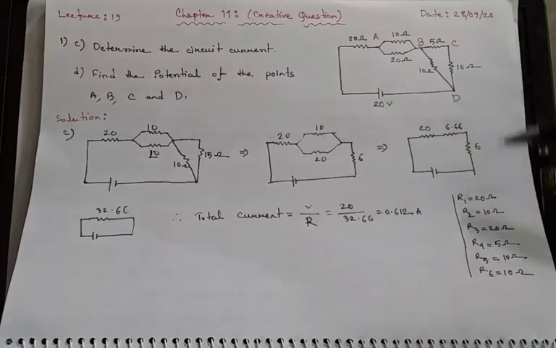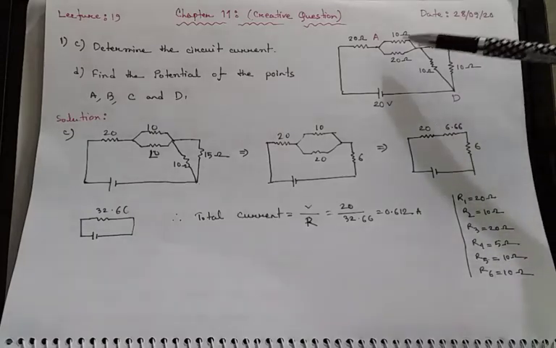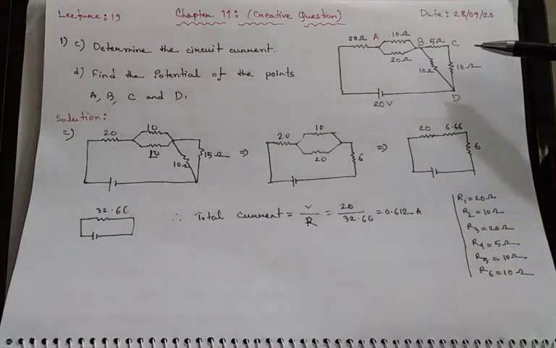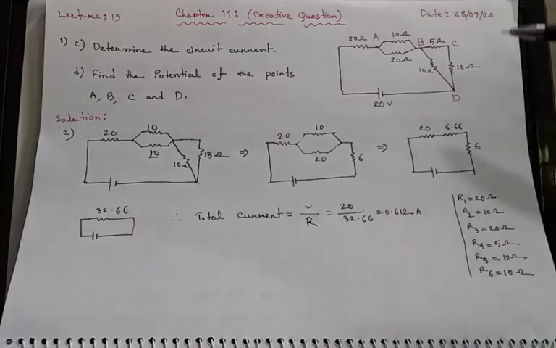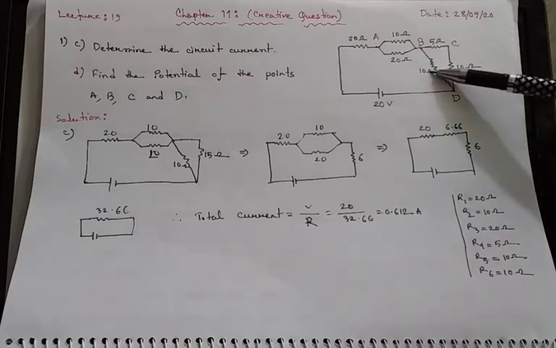In such a way you can signify these resistors. And then we see here the combination of 5, 10 and 10 ohm: two are in series, and with that series combination, one is in parallel.